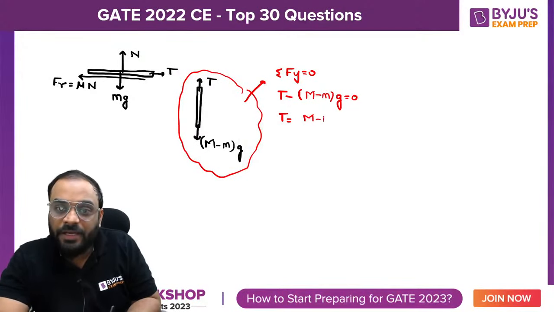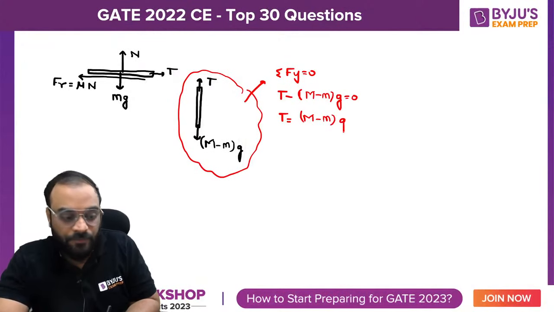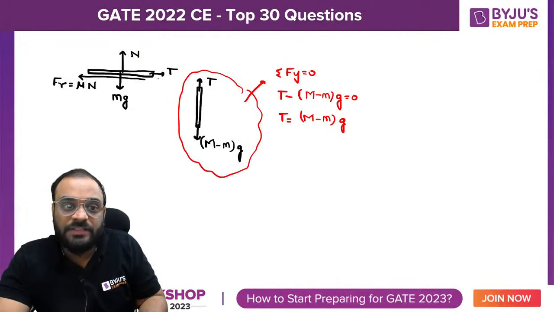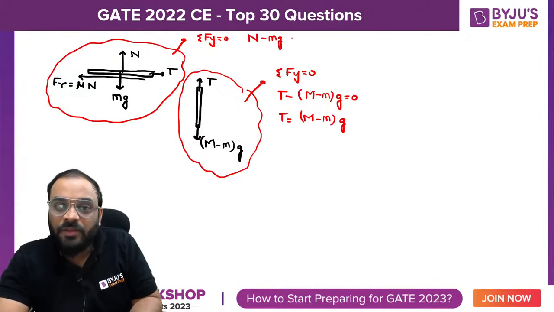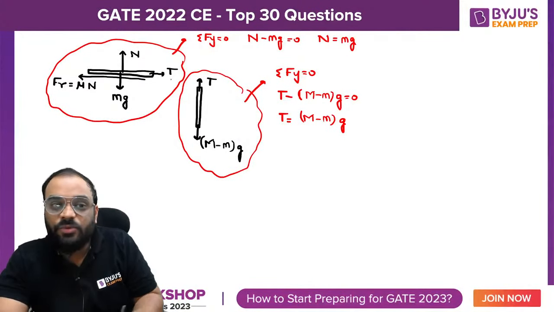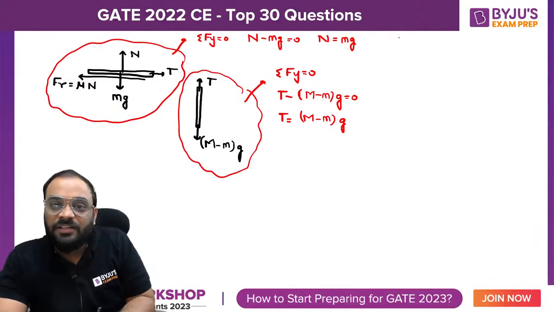That will be capital M minus small m into g. Correct? Now if we talk about this particular portion, first we need to write summation Fy is equal to 0, and that will be N minus mg is equal to 0. So N is equal to mg.